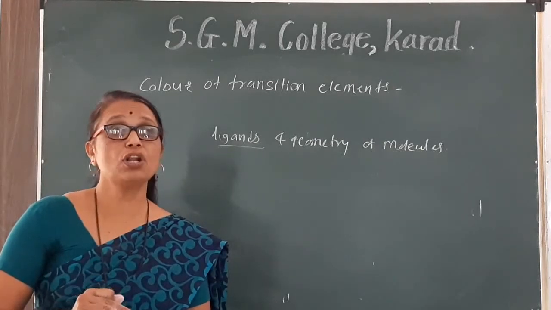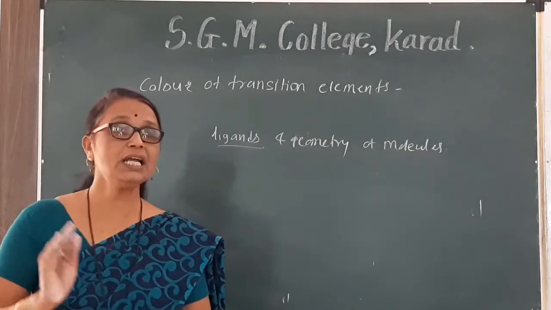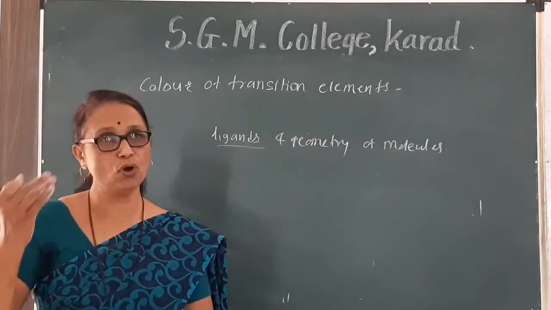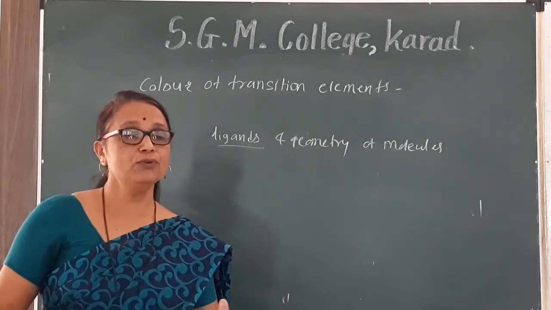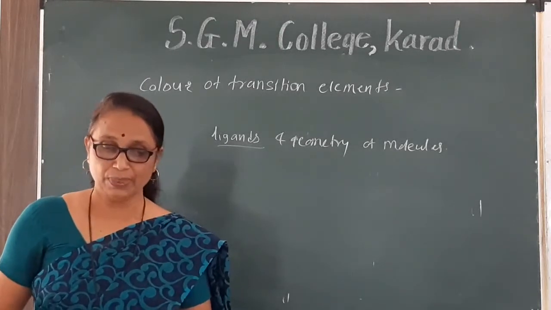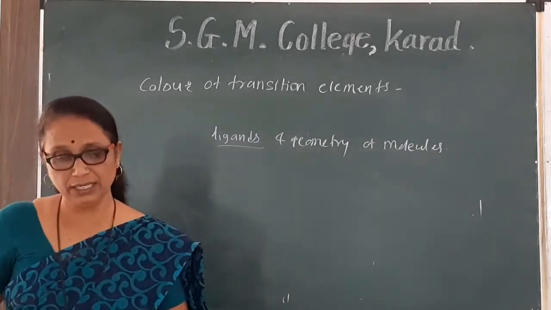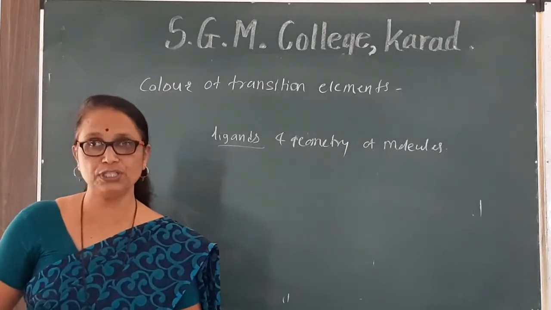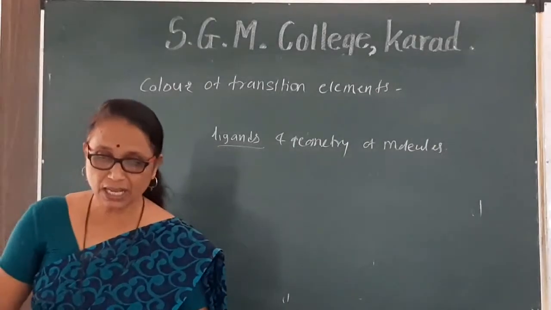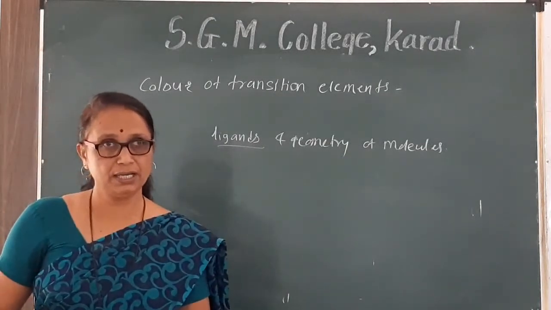If all d electrons are paired or there are no d electrons, then d-d transition is not possible, and these are colorless. So color depends on presence of unpaired d electrons, d-d transition, nature of the ligands attached to the central metal ion, as well as the geometry of the complex formed by the metal ion.